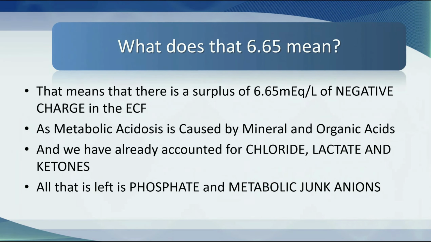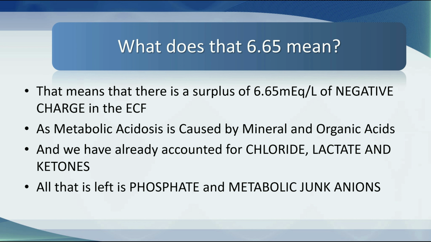So what does that mean? That means that there is a surplus charge of 6.65 milliequivalents per liter of negative charge in the extracellular fluid. As metabolic acidosis is caused by mineral and organic acids, and we've already accounted for chloride, lactate, and ketones, all that is left is phosphate and metabolic junk products.